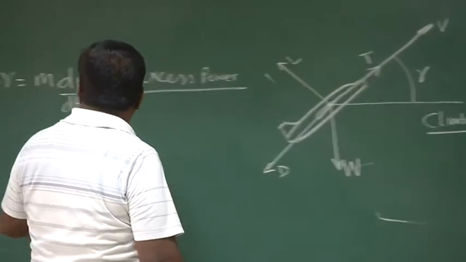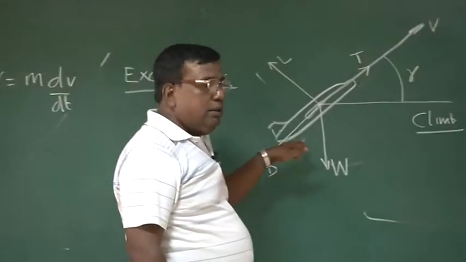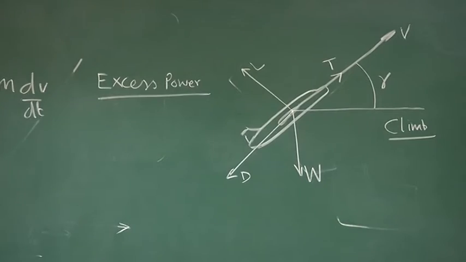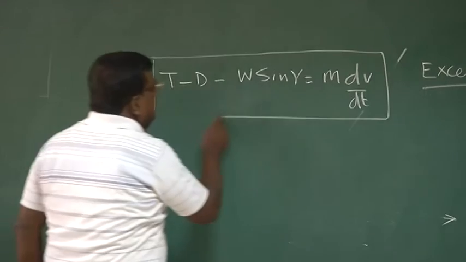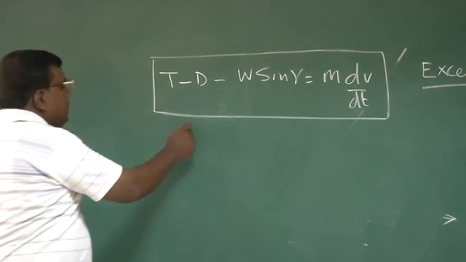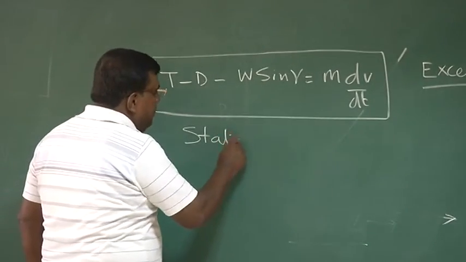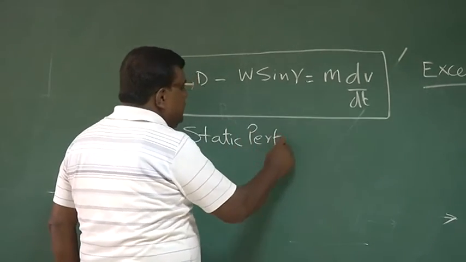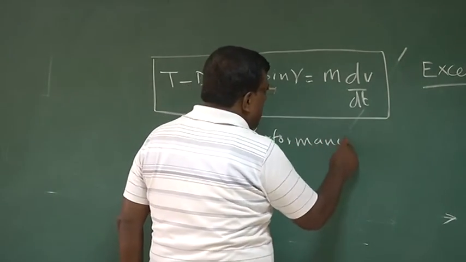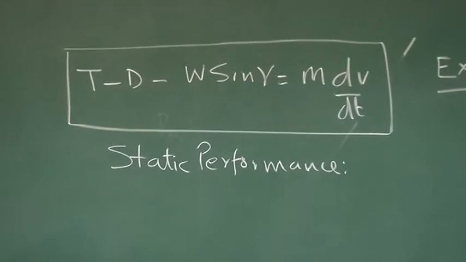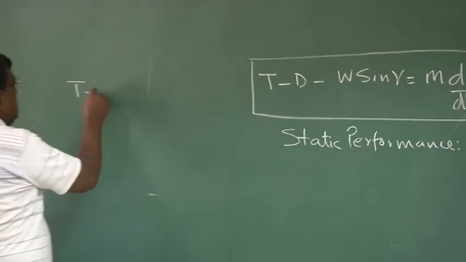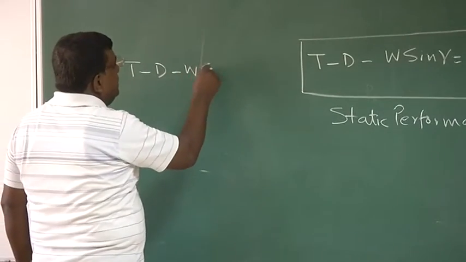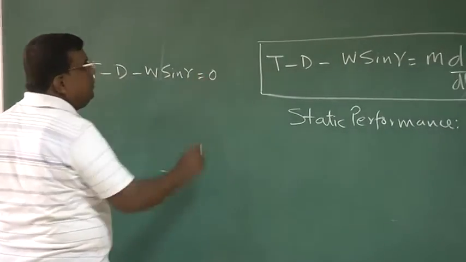Number two, I am assuming that the mass is remaining constant, and of course alpha is very small. So if this is the equation, and if I am discussing only static performance, which actually means steady state performance, so we are not taking any acceleration, then I can simplify this equation to T minus D minus W sine gamma is equal to 0, with no acceleration.